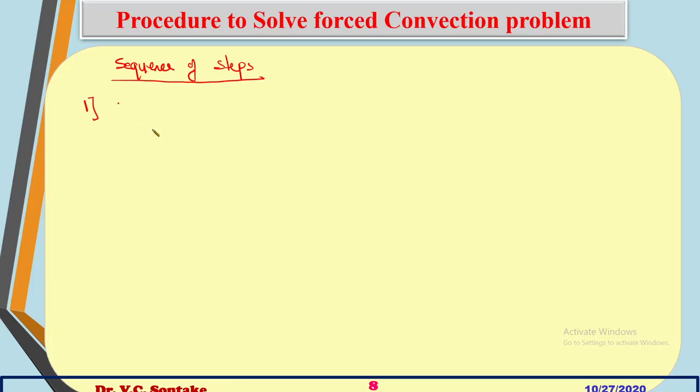The very first step will always be to draw the schematic. In the schematic, you have to draw flow over a flat plate or flow through a pipe. If it is external flow, you draw the schematic for flow over a flat plate.